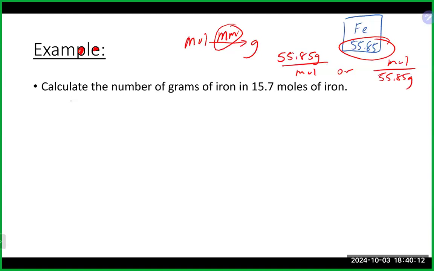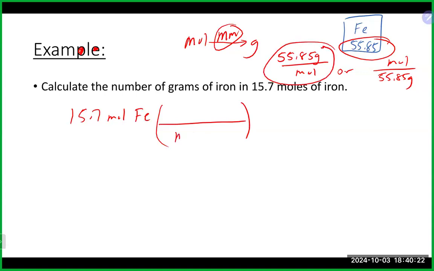We're just going to take a dimensional analysis approach here, starting with 15.7 moles of iron. We want opposites to cancel, so we need to use the conversion in the form where the moles are on the bottom and the grams are on top. The moles will cancel, and we get 876.845 grams.